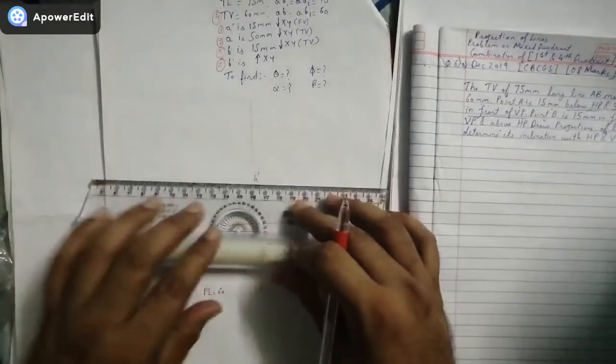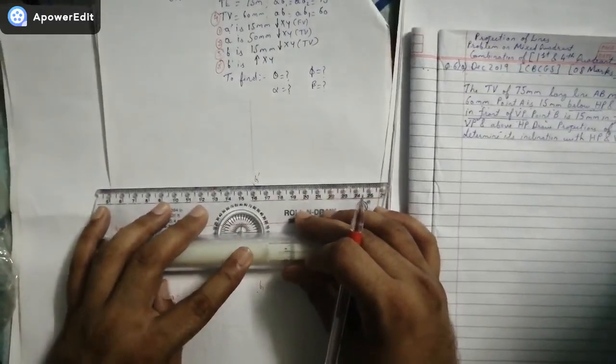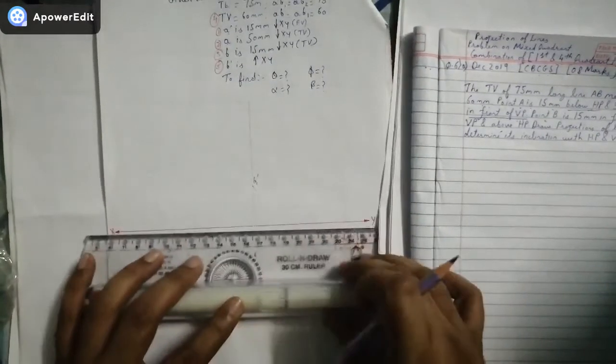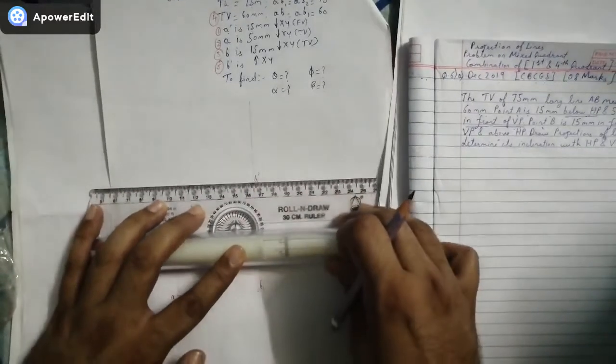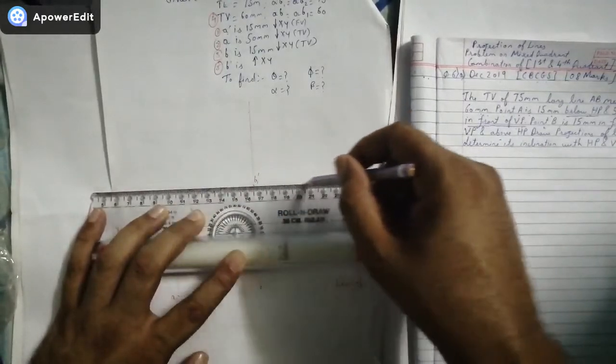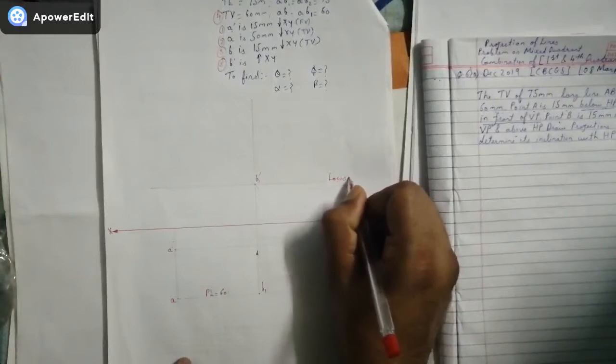As I got B1 dash over here, now I'll just make the locus, which is definitely parallel to the XY line, passing through B1 dash. So it's over here, it's like this, and I can make it like this. If I see this, I can mention this as the locus of B dash. Once we are done with this, what should be the next step?